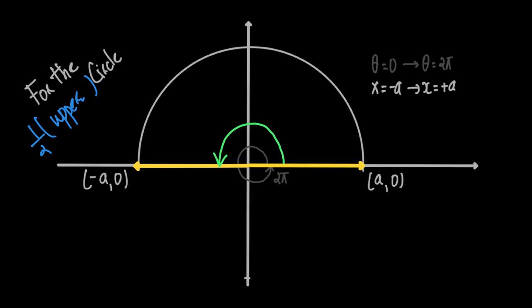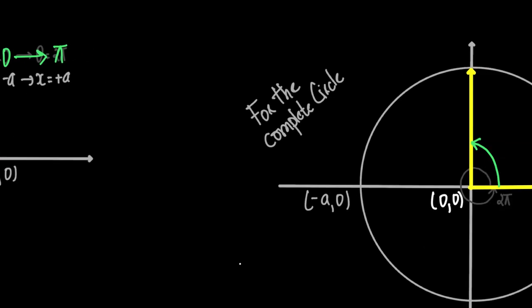We have the base arm here, and another arm which rotates like this and covers a distance of pi radians. So theta here will vary from theta equal to 0 to theta equal to pi instead of 2 pi. And how will x vary? x will vary from minus a to a. It remains the same.